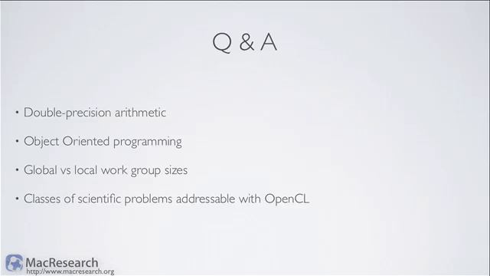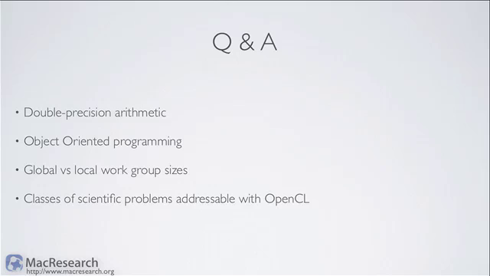So let's start off with some Q&A. There were quite a few questions that either came to me directly or via posts on the website. And so I'd like to address some of the more common ones that have come in. That would be covering double precision arithmetic, which is important for a lot of scientific computations, object-oriented programming, and how that integrates into OpenCL, how you can use these things together, if at all.